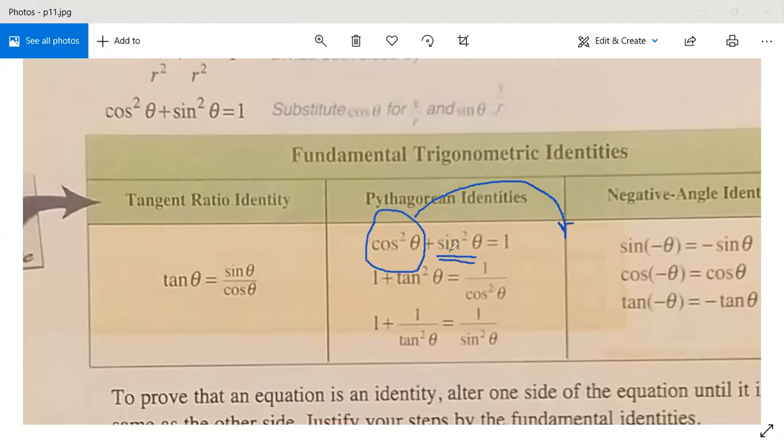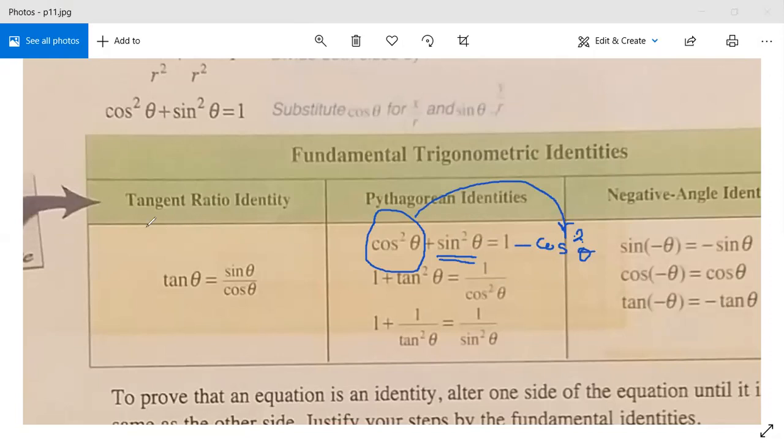Then sine square theta equals 1 minus cosine square theta. So sine square is always equal to 1 minus cosine square theta.